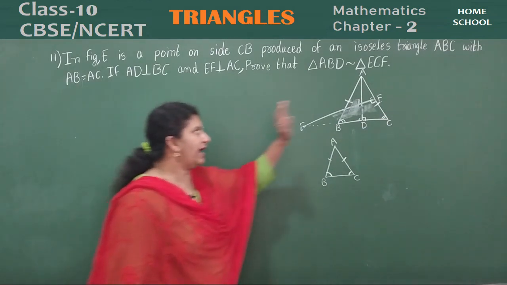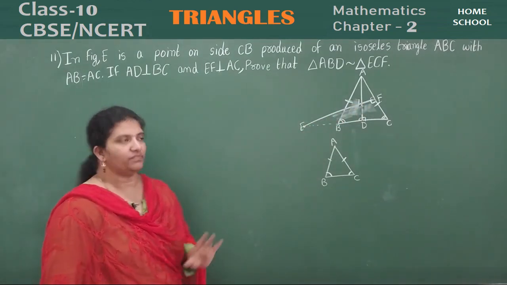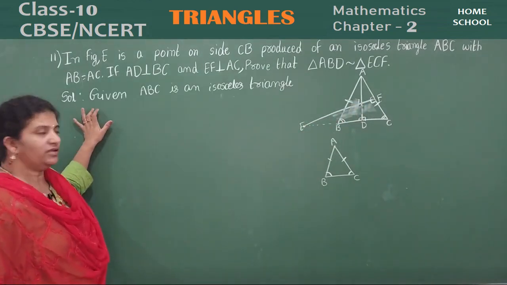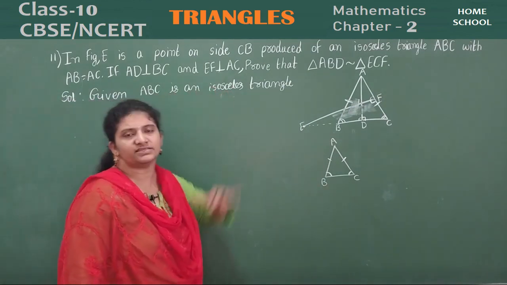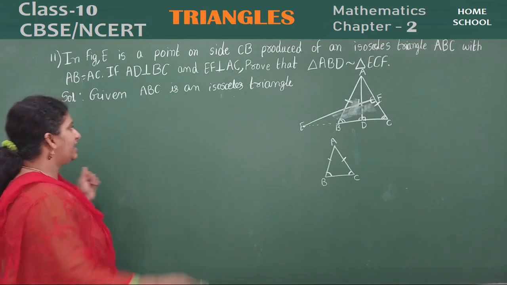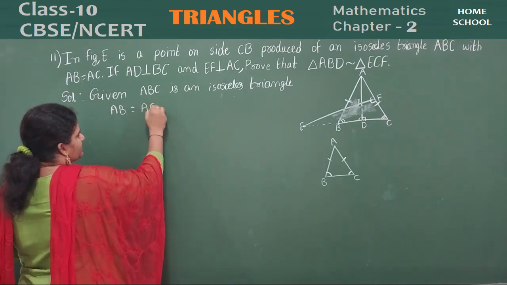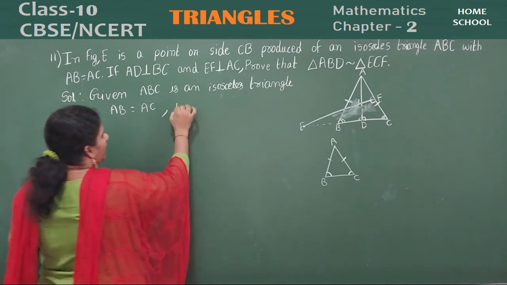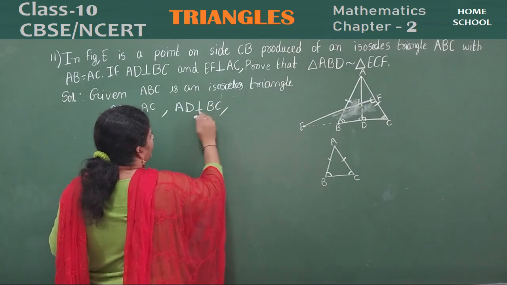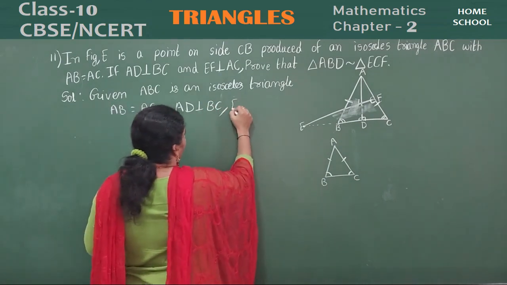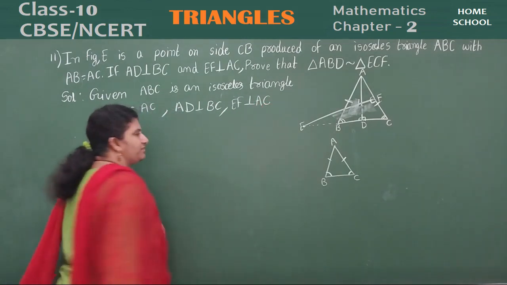Now what we need to prove here, children? We need to prove that triangle ABD is similar to triangle EFC. What is your solution here? Given: ABC is an isosceles triangle, AB is equal to AC, AD is perpendicular to BC, and one more, EF is perpendicular to AC.